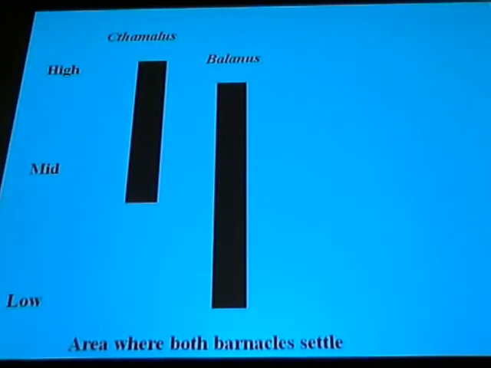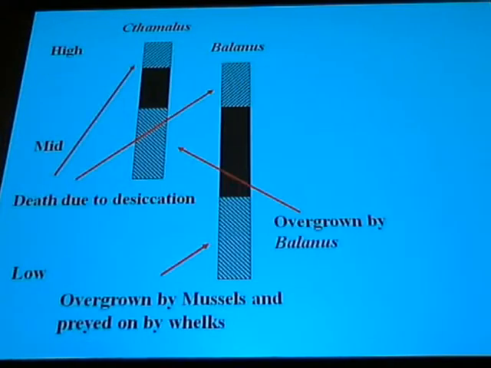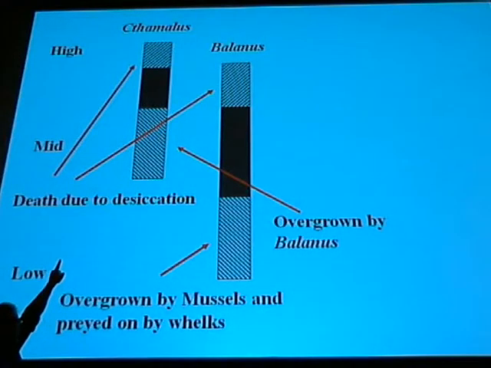So basically, a summary slide, I'll be posting the summary slide on the webpage, so just try and follow this. This black bar, if you look at tidal range, from low tide, very little exposure every month to the air, to high tide, very much exposure. You can see that barnacle larvae for both species, the little barnacles and big barnacles, settle over a broad range of the intertidal. But a bunch of them don't survive at the very highest region. They die from desiccation. Those larvae never survive.